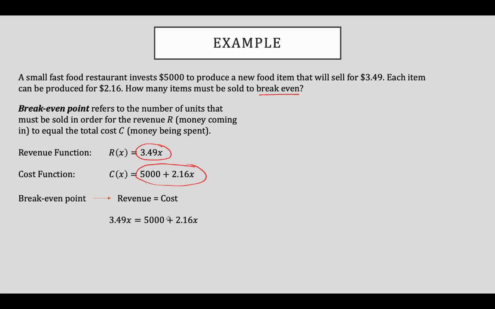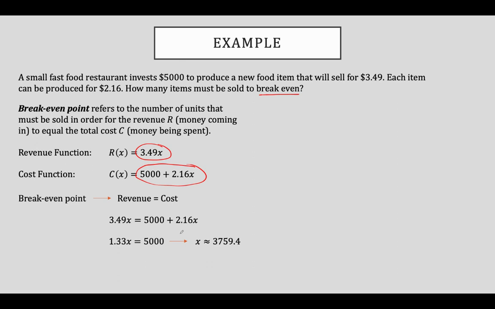We can combine like terms here by subtracting 2.16x from both sides of the equation. That gives us 1.33x is equal to 5,000, and dividing both sides by 1.33 gives us x is approximately 3,759.4.